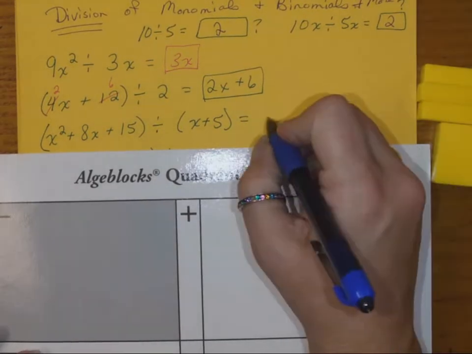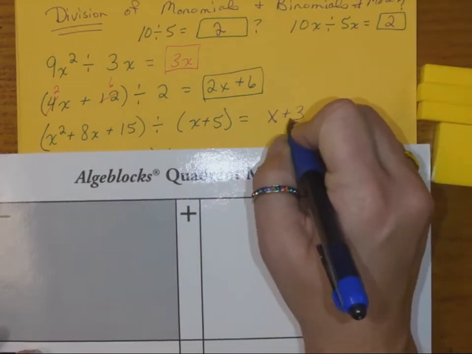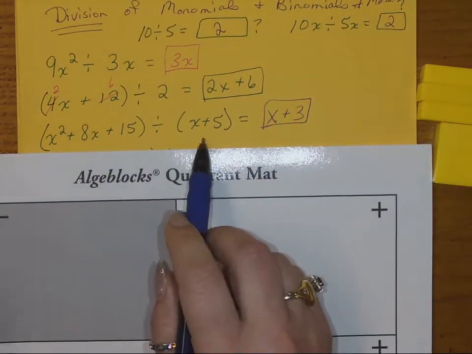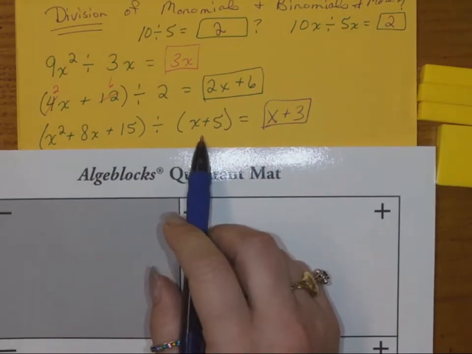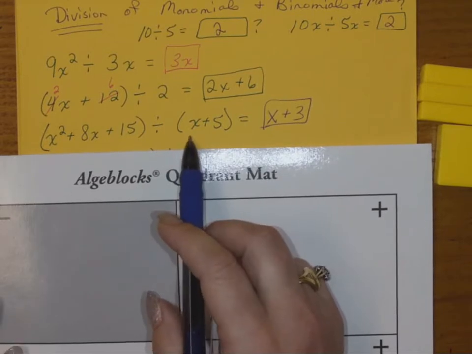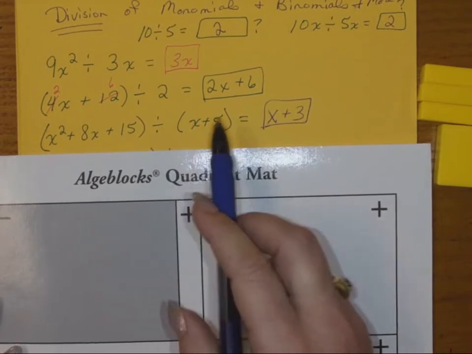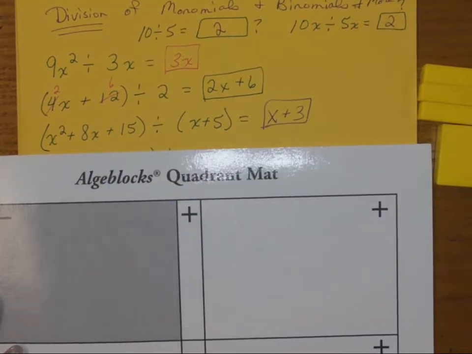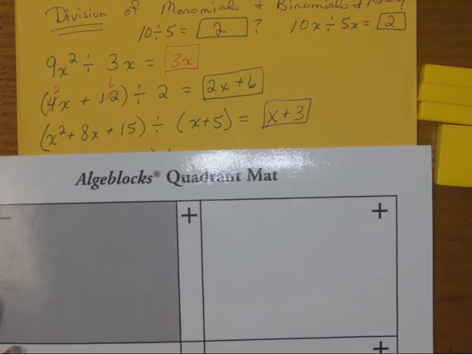X plus 3. Now, if you were doing this to see the arithmetic, to see how that works out, we actually know this is right because we did it on day 1 of this week. So you can multiply back out x plus 5 times x plus 3. See how it multiplies out. You'll get here. Okay. That will be your product whenever I multiply those together.